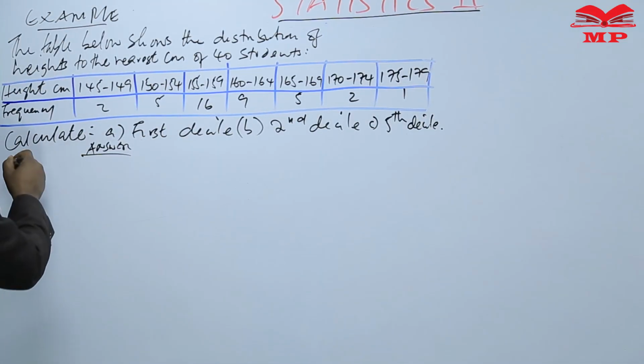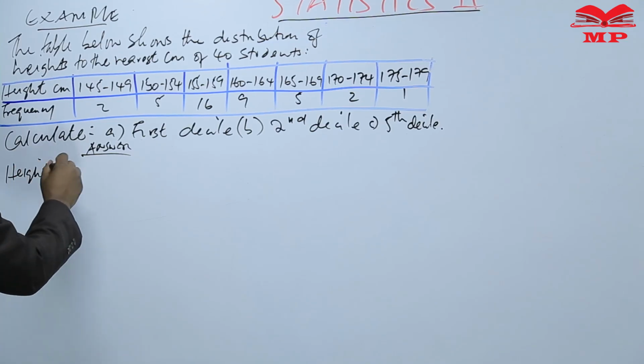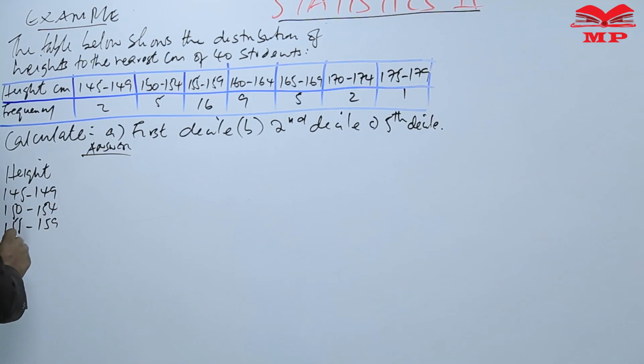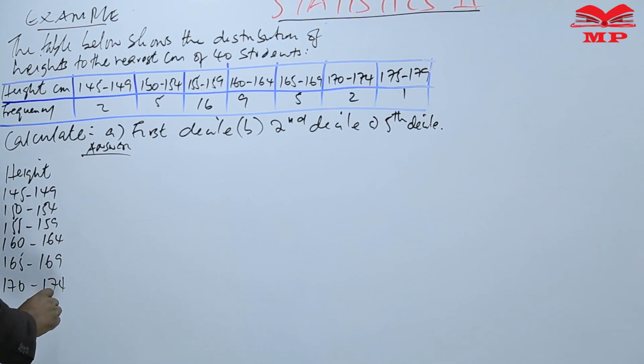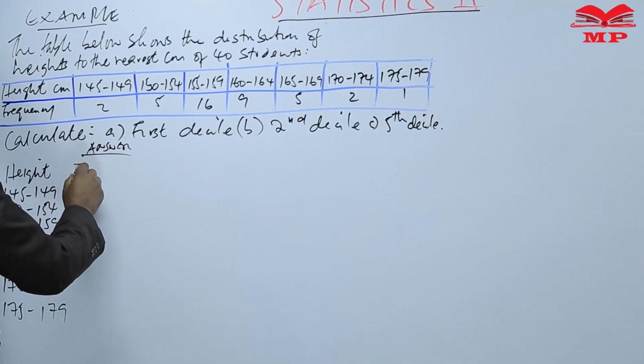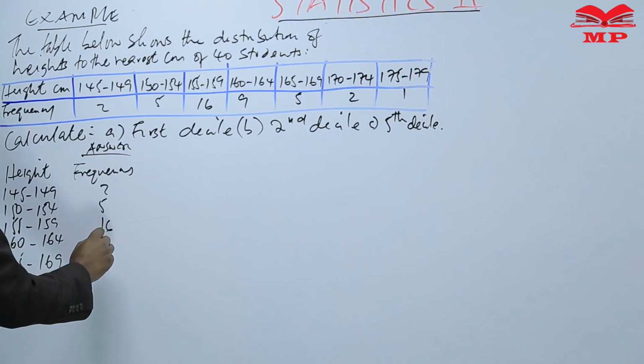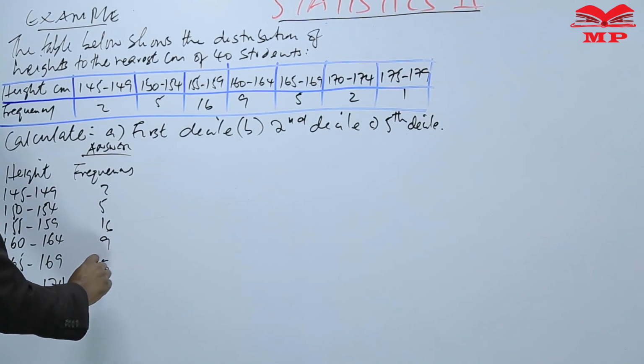I'll have height in centimeters: 145 to 149, 150 to 154, 155 to 159, 160 to 164, 165 to 169, 170 to 174, then 175 to 179. Then frequency: 2, 5, 16, 9, 5, 2, 1.